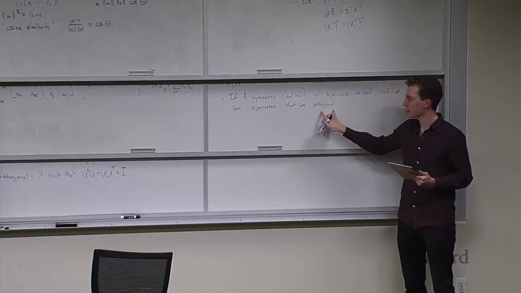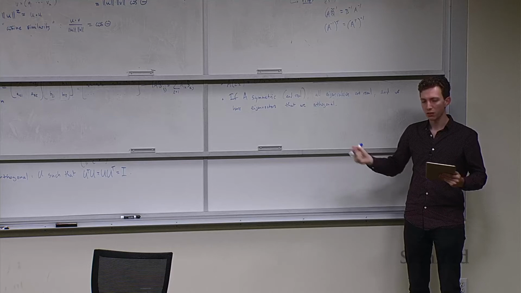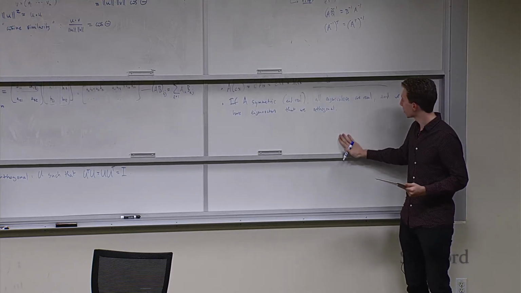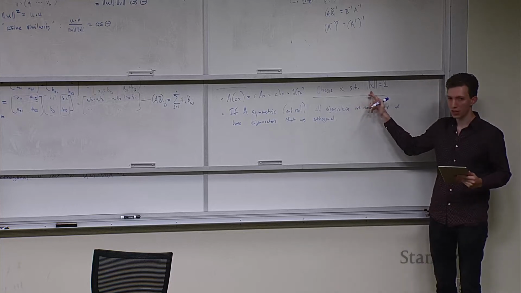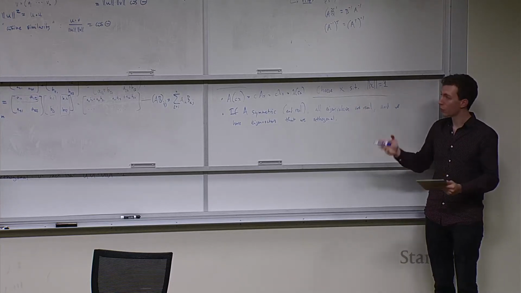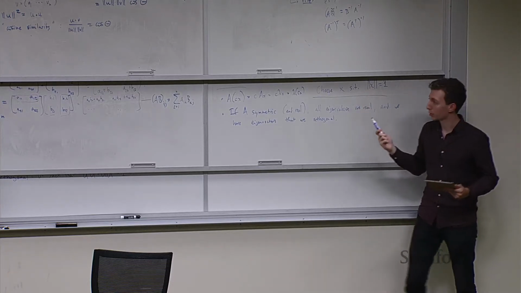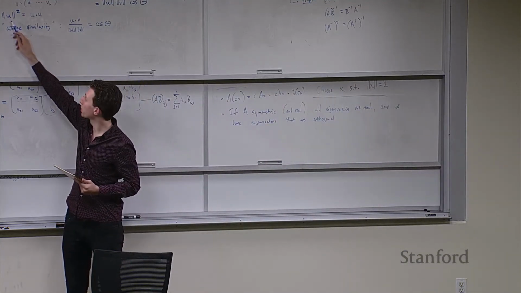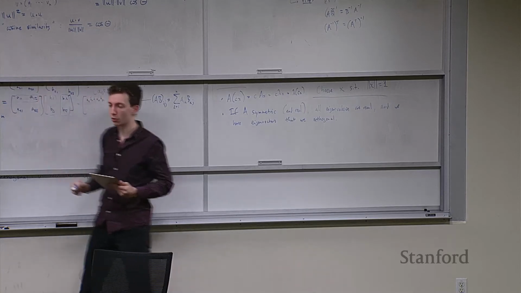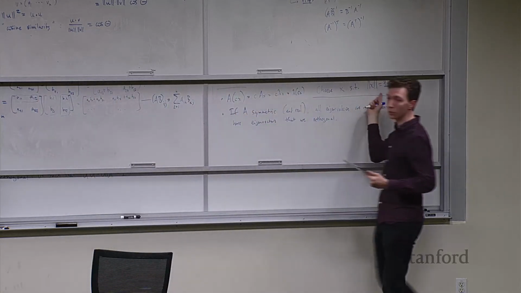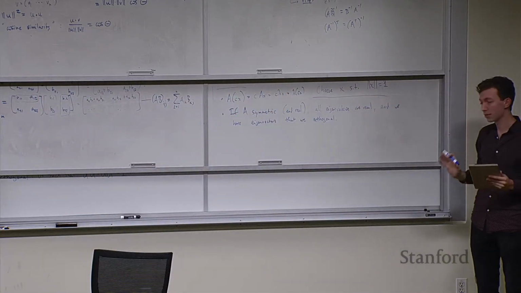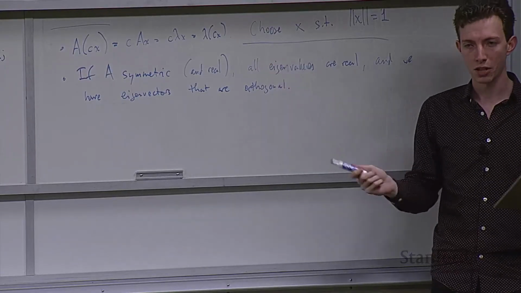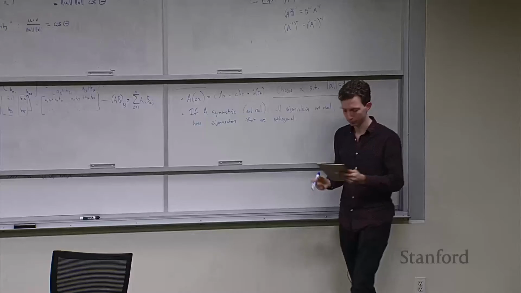So what this means is that different eigenvectors of A, when you dot product them together, give 0. And since we've chosen our eigenvectors to have norm 1, the dot product of an eigenvector with itself is 1. And why is that true? The dot product of something with itself is just the square of the norm, and we've chosen the norm to be 1. So that's nice. Dot products of different eigenvectors for symmetric matrices are 0. Dot products of the same vector are 1.